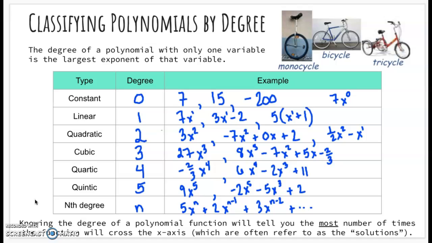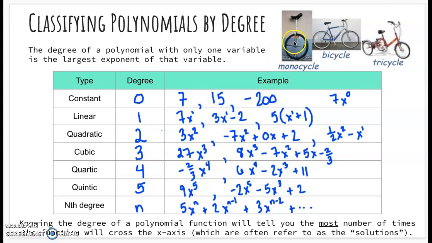We can also classify a polynomial by the number of terms in that polynomial. So, for example, this first linear example that I gave, the 7x, that's just a single term all by itself. So that would be an example of a monomial.